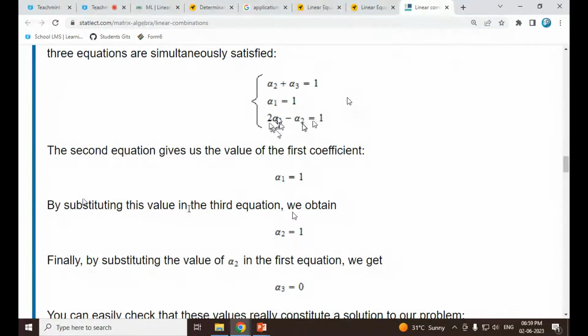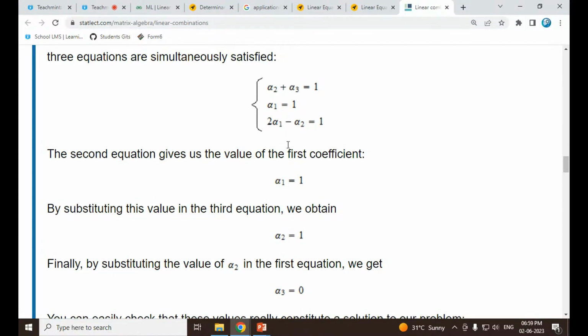A1 plus A3 equal to 1 only. Move this one to that side. 1 minus 1 is equal to 0. A3 is 0.